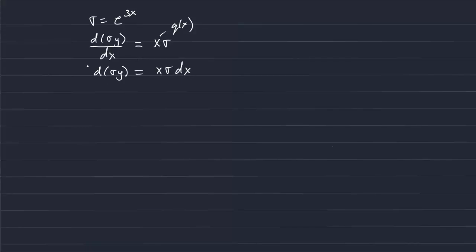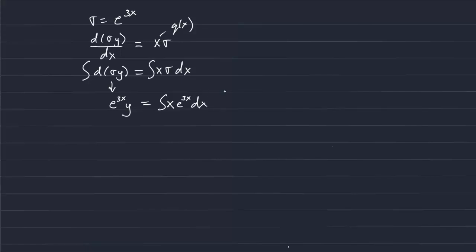And so therefore we can integrate, and we get sigma y is, well, let's substitute sigma in here. So we get sigma, which again was e to the 3x, times y is equal to the integral of x e to the 3x times dx.